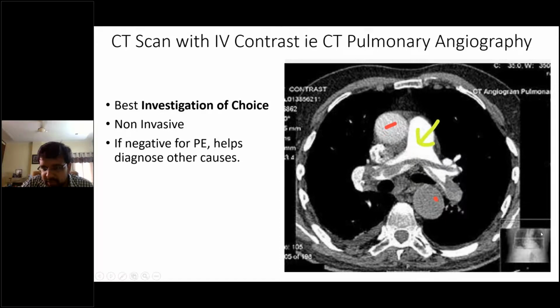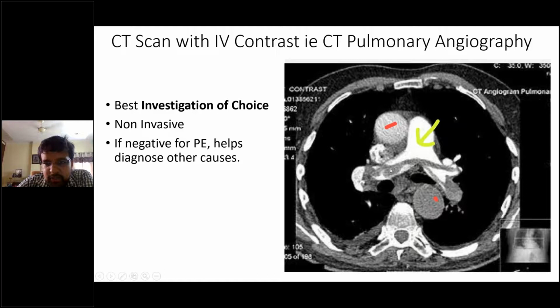ठीक है. ये देखो यहाँ पर ये वाला सेक्शन लिया है हमने thorax का, जहाँ पर basically ascending aorta होता है and descending aorta होता है. ठीक है. This green arrow is the pulmonary artery, and here we can see the bifurcation of the pulmonary artery. और इस bifurcation में ये जो बैठा है, this is the embolus.